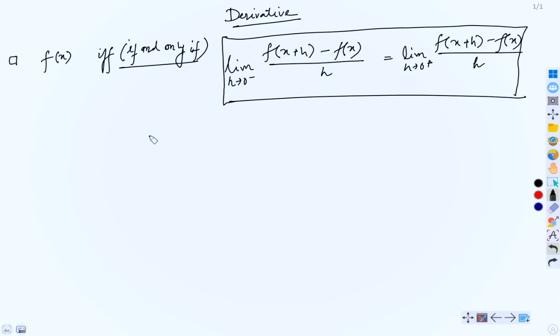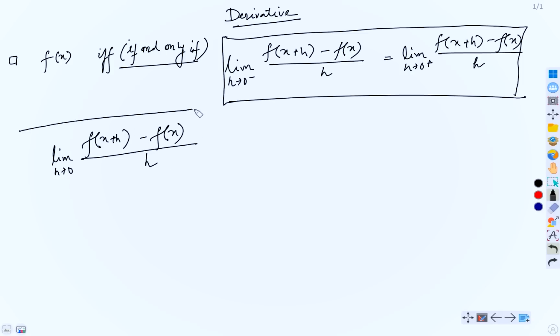So once we know that the limit exists, we will now assume that f is differentiable. In a single line we will say that the limit as h tends to 0 of (f(x+h) minus f(x)) by h exists, okay?